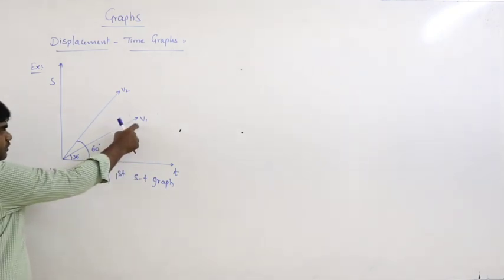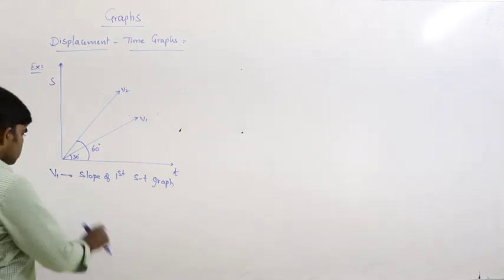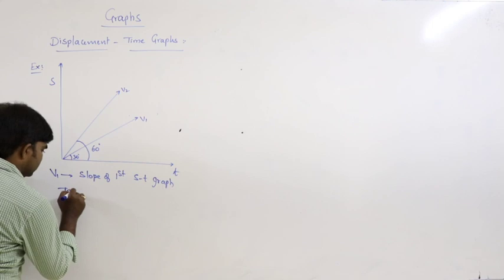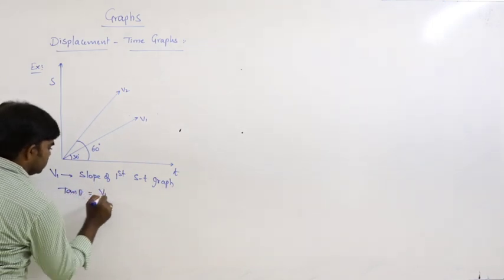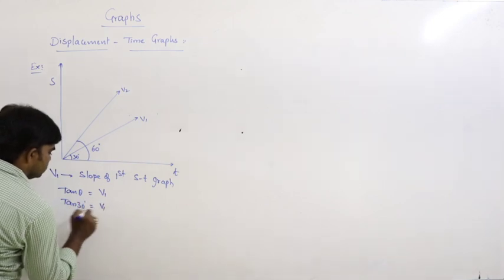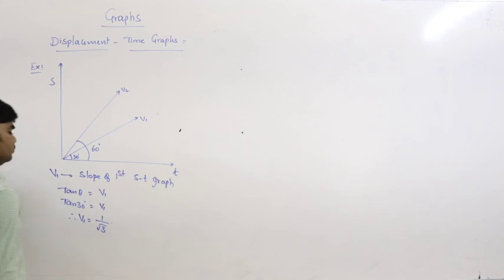So for V1, the angle is mentioned, tan theta is equal to V1. Tan 30 is equal to V1, so V1 is 1 by root 3.